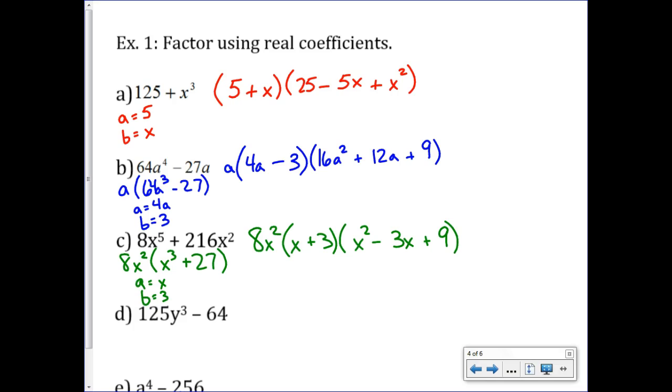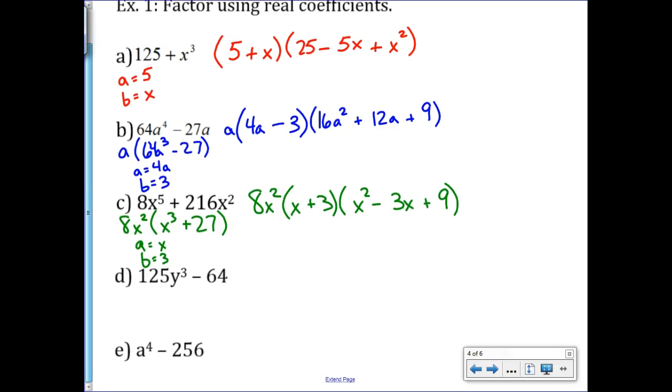All right, on part D, I have the difference of two cubes again. So I'll go ahead and slide that up so we can see it. So difference of two cubes, my a value is going to be 5y. My b value is going to be 4.